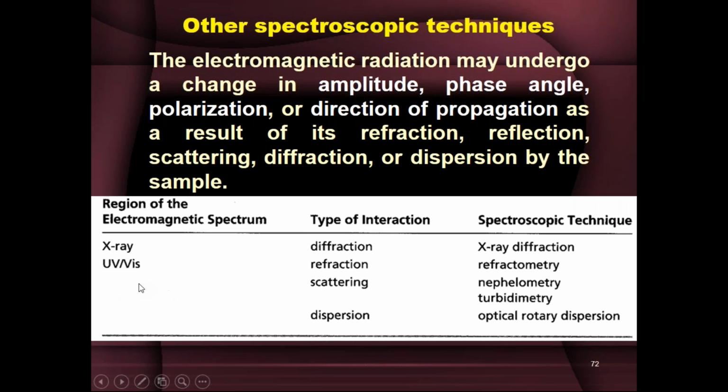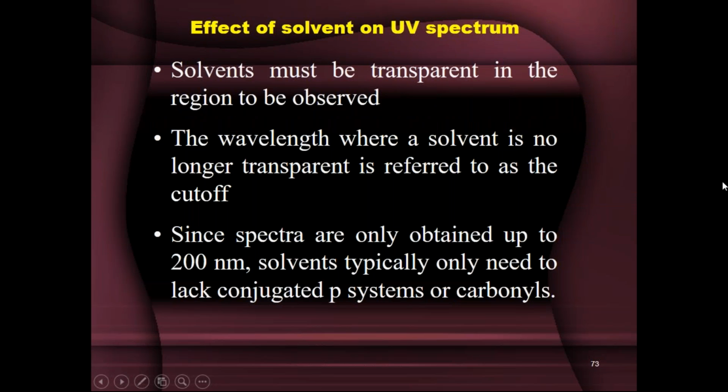If you're dealing with UV visible radiation and the type of interaction is refraction, you have refractometry. If the type of interaction is scattering, you have nephelometry or turbidimetry, two different techniques. And if you have dispersion occurring, then you have optical rotatory dispersion. So these are some other techniques other than absorption and emission type of transfers of energy.